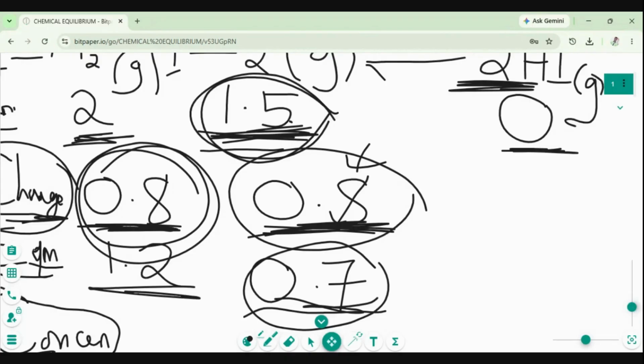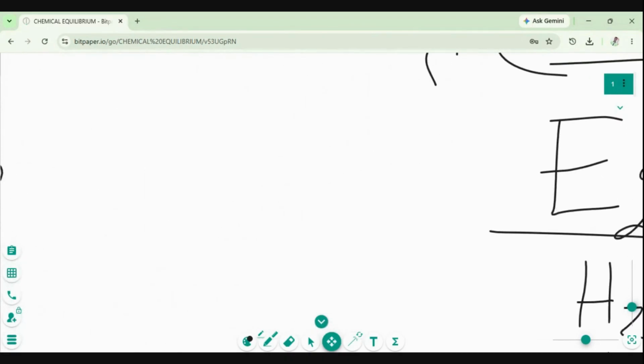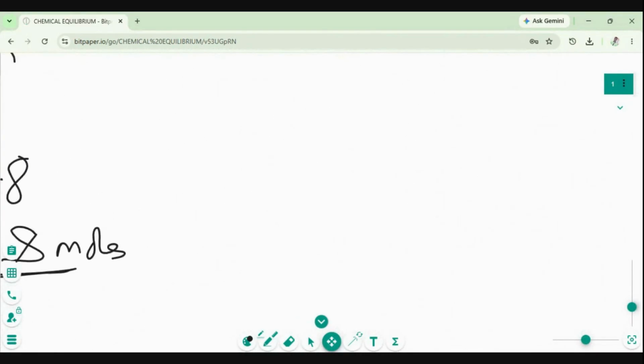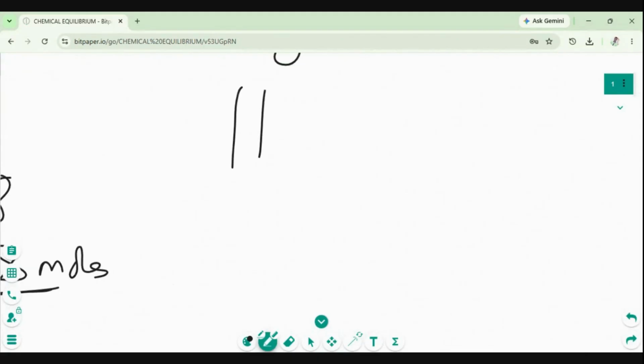Okay, that is for hydrogen and iodine. How about for hydrogen iodide? For hydrogen iodide, we still use the one we know. If hydrogen forms hydrogen iodide, in the stoichiometric equation, this should be a standard: whenever you want to know the moles that reacted, please pick the stoichiometric equation and use the mole ratio that is there.